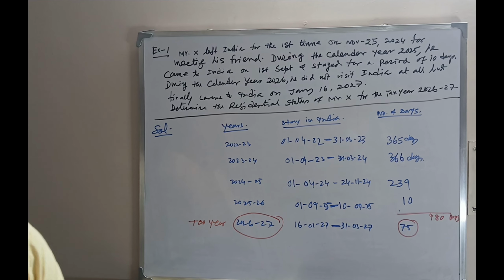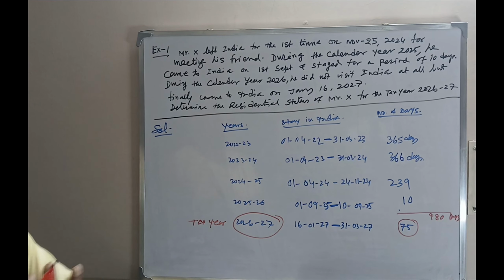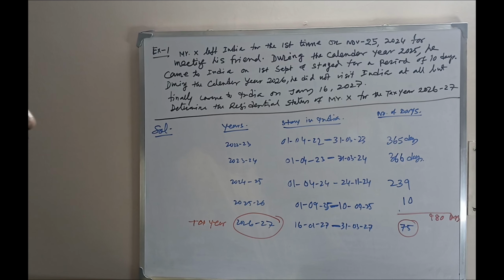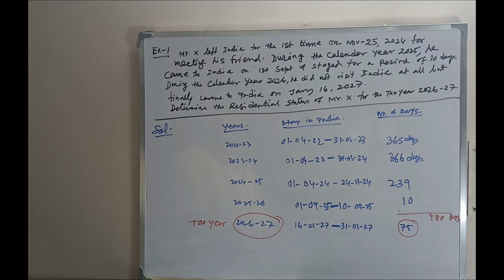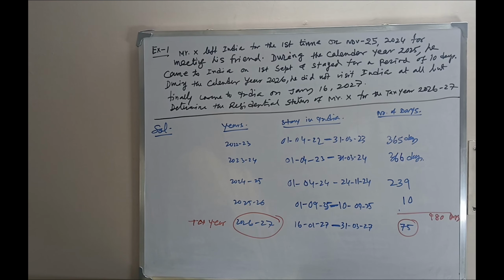So try to calculate the number of days he stays in India in the tax year 2026-27. Here our tax year is 2026-27, from 1st April 2026 to 31st March 2027.